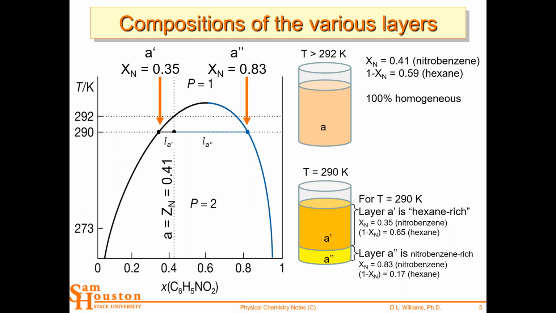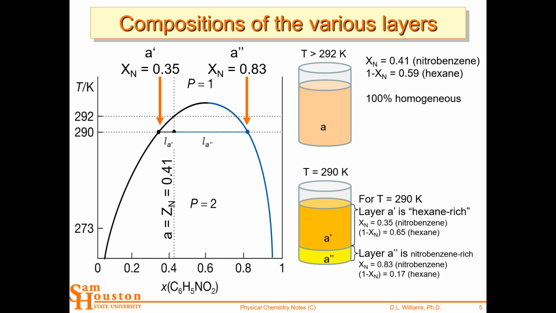How do I get those relative amounts? I can do these four compositions without knowing how much of each layer I have, because I get these numbers just from these three numbers here. I have 0.41 overall, 0.35, and 0.83. So I can get all of the compositions of the layers, but I can't get how much of each I have. How many total moles are in the top layer?